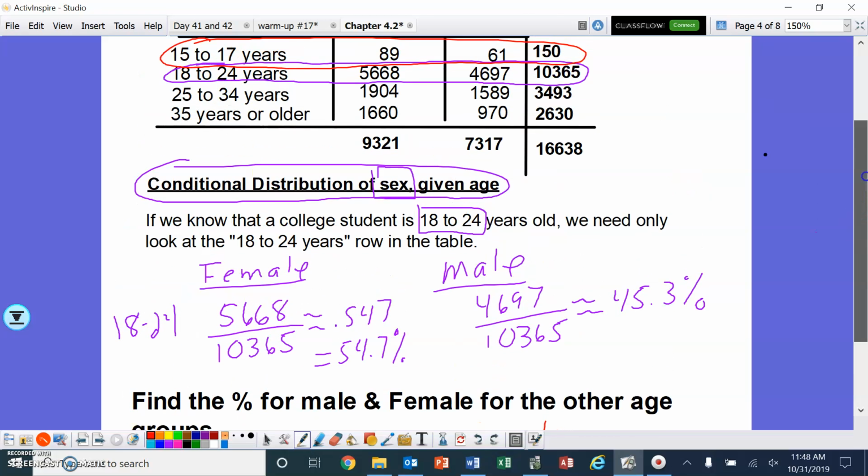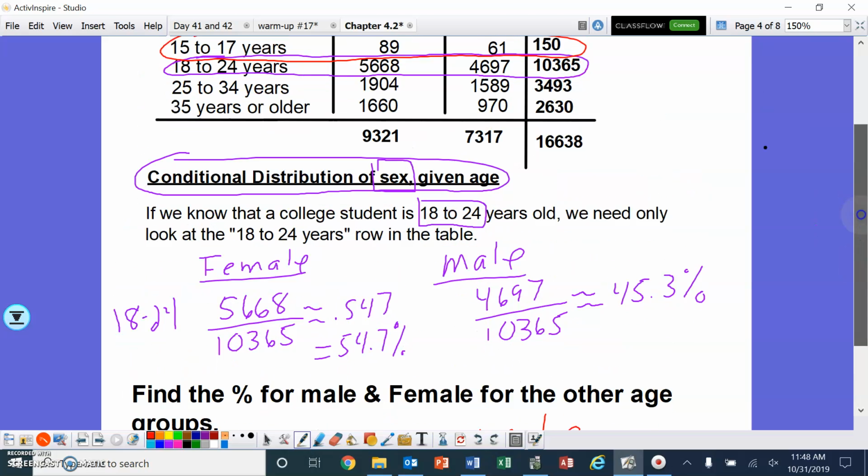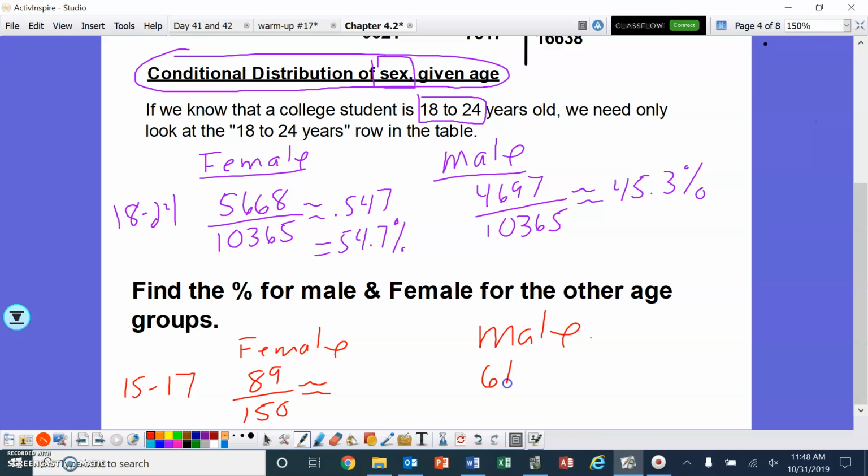So it looks like we're going to take 89 and divide it by 150. All right, I'm going to let you go ahead and find that decimal. You may need to pause the video because I'm going to keep right on rolling. For the males, that would be 61 divided by 150.